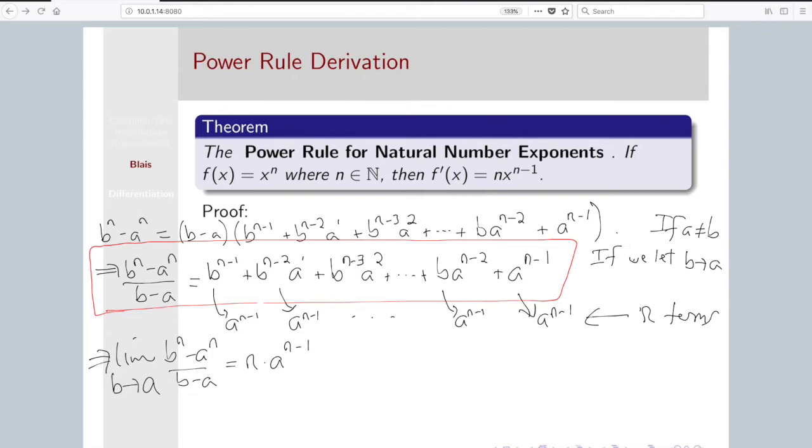Now, with this in mind, let b be equal to x plus h, and let's call a x.